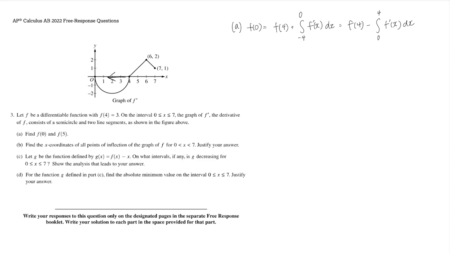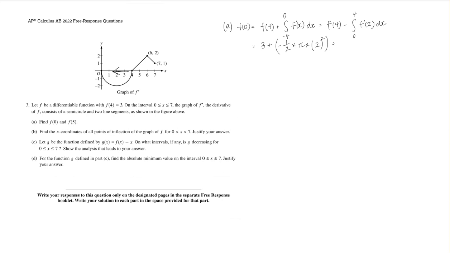And I can rewrite the integral by pulling the negative to the front, and the integral will be from 0 to 4 of f prime of x dx. If I calculate it, f of 4 is 3, and then the integral from 0 to 4 is a half circle. So it'll be 3 plus negative 1/2 times pi times 2 squared.